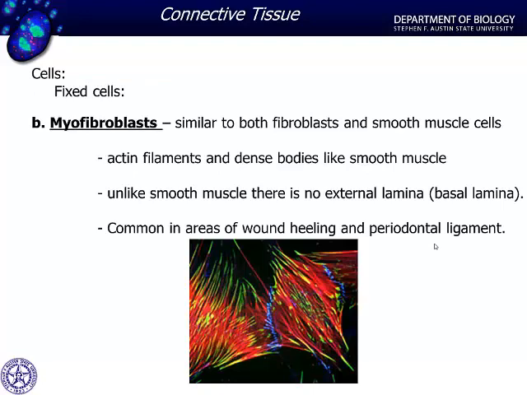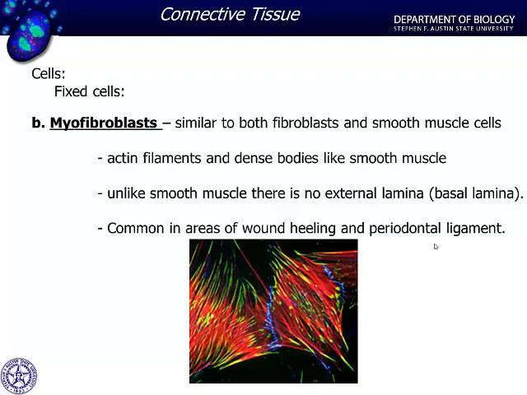Now, this one is a little bit of an in-between, and histologists really weren't sure where to put this particular cell type. But it was different enough from fibroblast and different enough from smooth muscle that you really couldn't combine these in any one of those categories, because they have characteristics that are similar of both of these cell types.